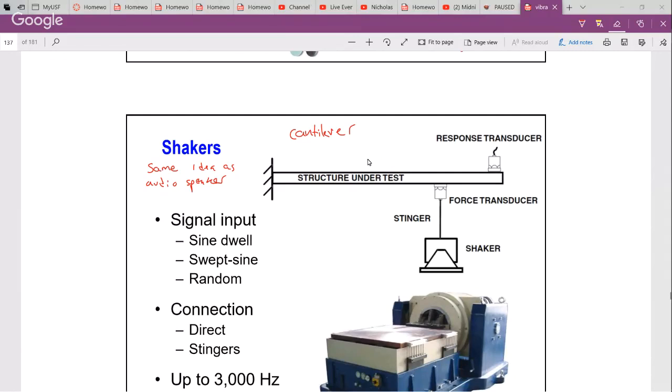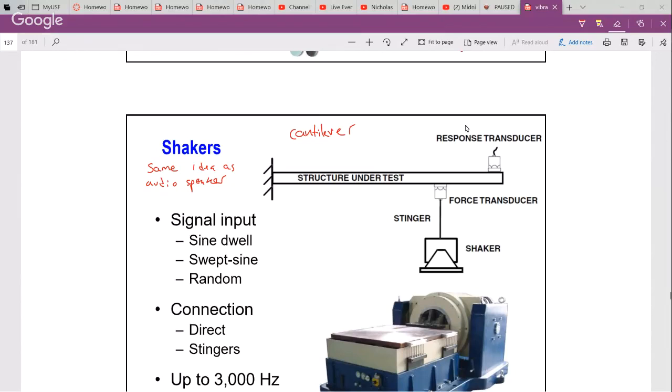Basically, if I take a long metal rod and push it on you, the force can only come straight at you, along the axis. So the purpose of the stinger is to control the direction of the force. And there's another thing as well.